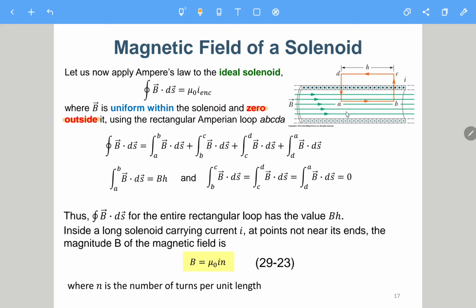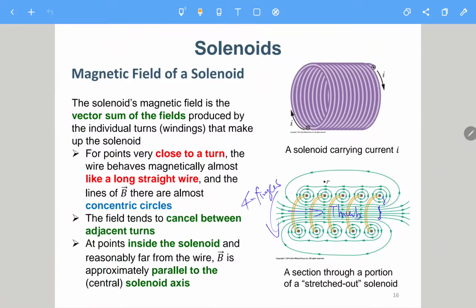The second assumption is that B is totally uniform inside the solenoid. In the previous page we mentioned that close to this region it is not necessarily like this, but we make some approximation.